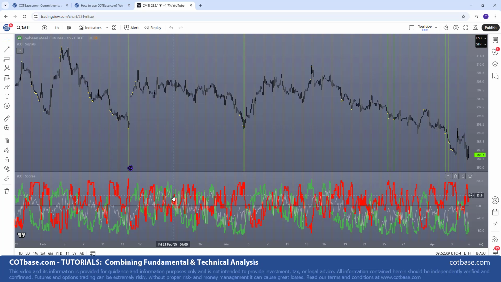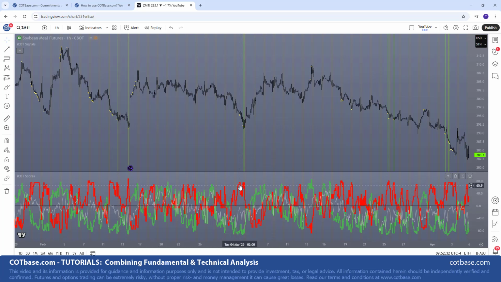There's a great video out there explaining how we arrived at this indicator. Please watch that one. It's in the description below, and you will find information on really the depth of these scores lines. It seems like a very simple line, but there's multiple layers to it. Very, very deep information.